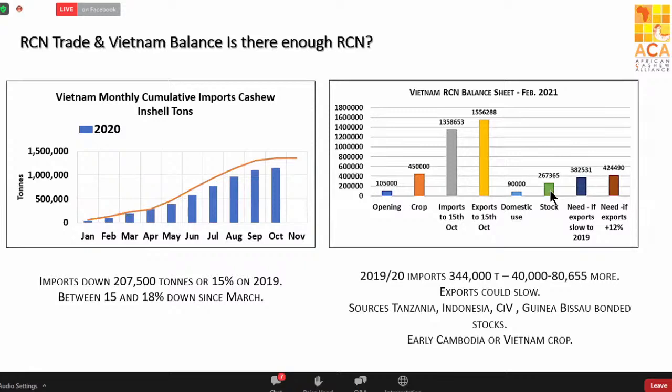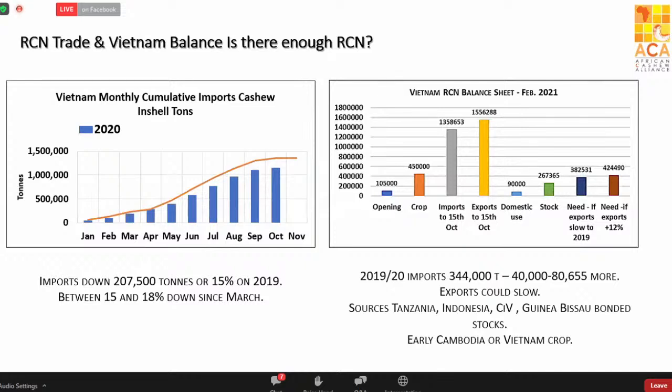Stock calculates, and I've taken a figure of 450,000 tons for the Vietnamese crop, which personally I think is a generous figure. I've struggled to believe figures much higher than that, although they were mentioned, particularly back at the World Cashew Conference in February.